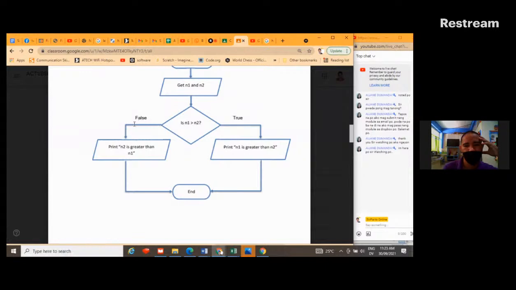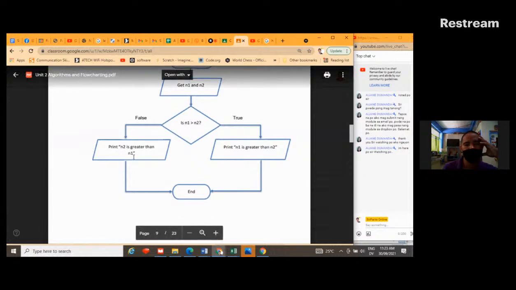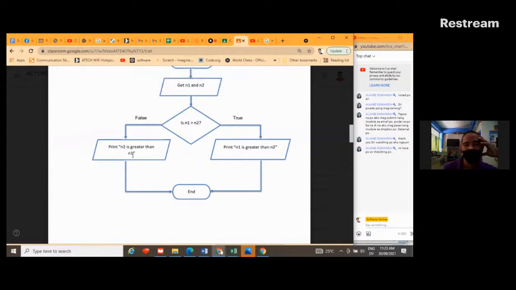On the other hand, that's the false branch. So print N2 is greater than N1, because N1 is less than N2. That's why N2 is greater than N1. After that, you have the flow line.